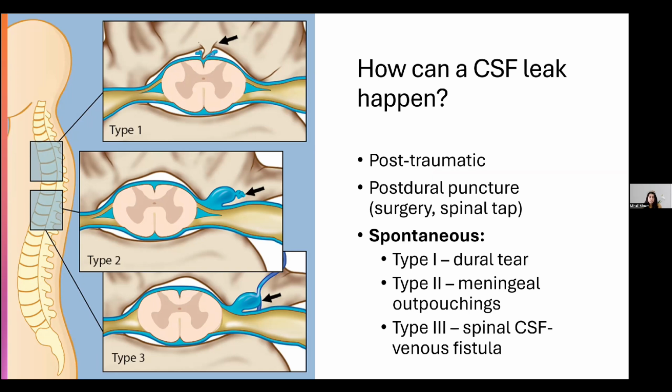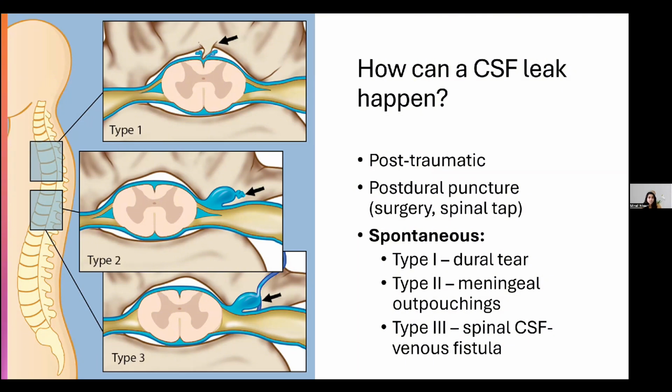We think about three different anatomical structures that can cause spontaneous CSF leak. Type 1, we consider a dural tear. If you look right here, this is a bony spur that basically comes from the spine. You'll see sometimes in our radiology reports degenerative disc disease or bone spurs or calcifications. What can happen over time is the bone spur pokes through the dura and it can create a leak.